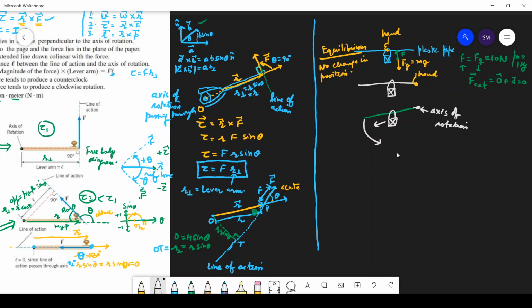So here it was equilibrium because here F was 0 and tau was also 0. So that's the condition for equilibrium. If you want linear equilibrium, then F is equal to 0. And torque is equal to 0, then there is rotational equilibrium. There is no rotational motion. Rotational equilibrium. Okay? Rotational equilibrium.